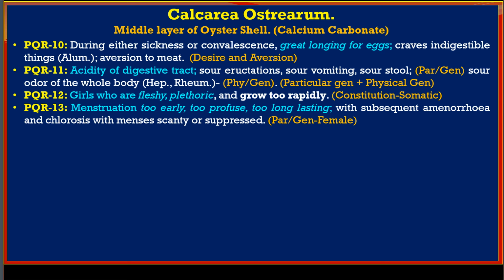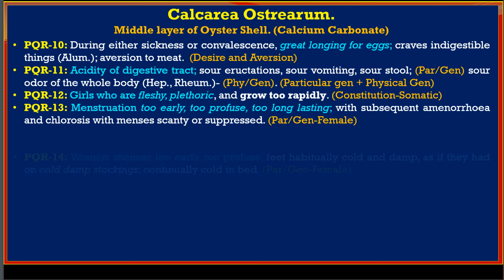Too profuse, too long-lasting menses will lose hemoglobin and she develops chronic anemia. With chronic anemia, menses get suppressed. So it is a primary amenorrhea, maybe because of severe anemia. We have to keep that in mind.